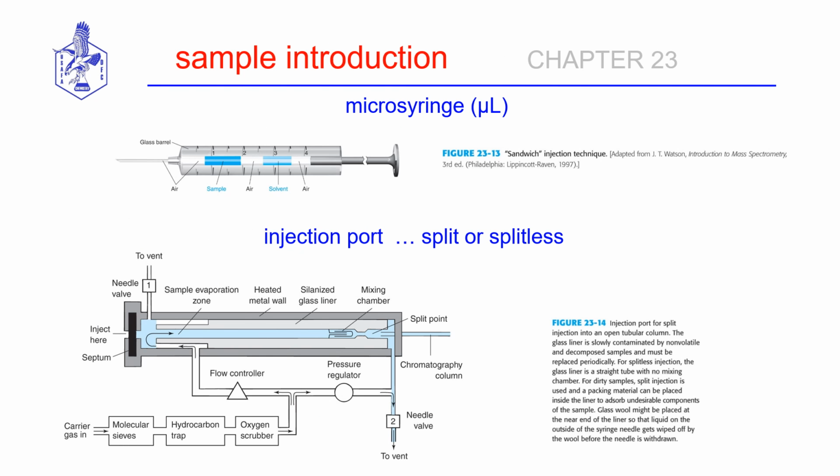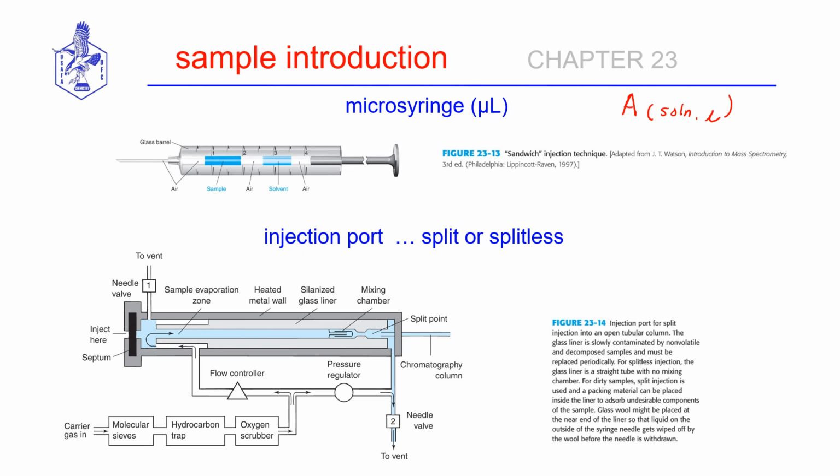The next consideration for our separation using GC is how we're going to introduce our sample into the instrument and volatilize our components. And this traditionally is carried out by getting your analyte species of interest into some form of a solution or liquid, into which we can use a microsyringe to draw up a portion of our sample.